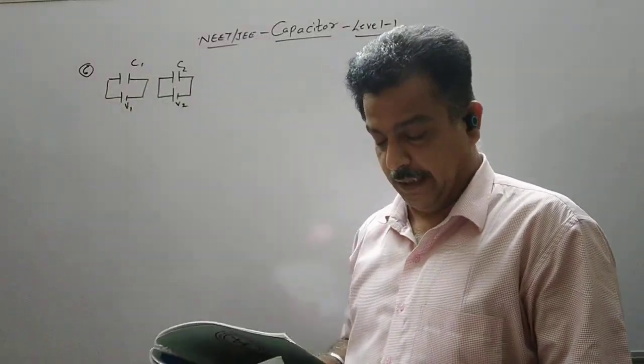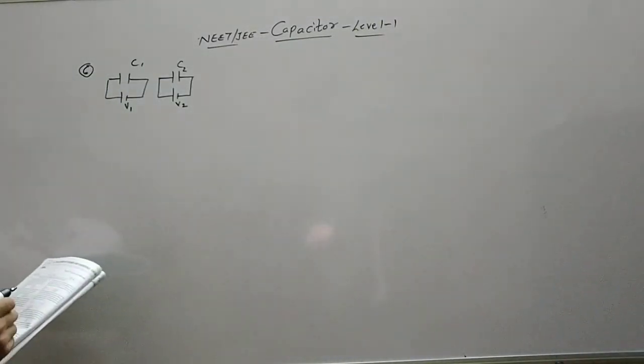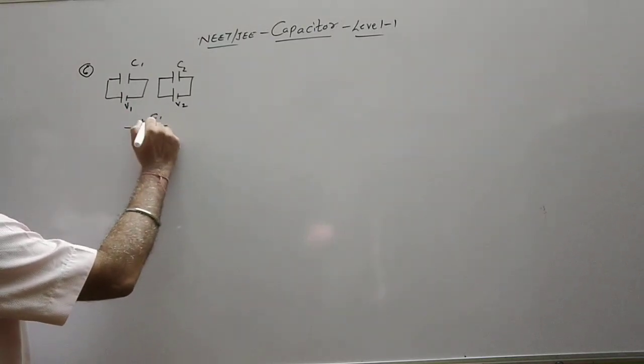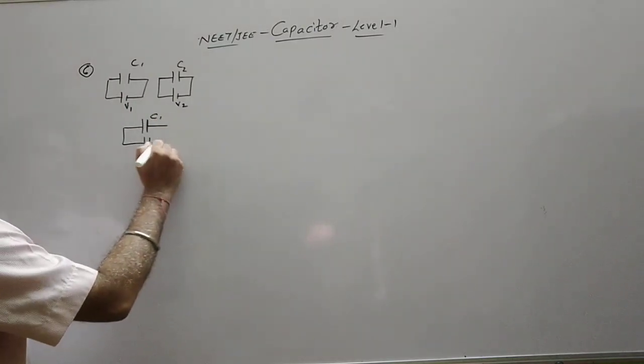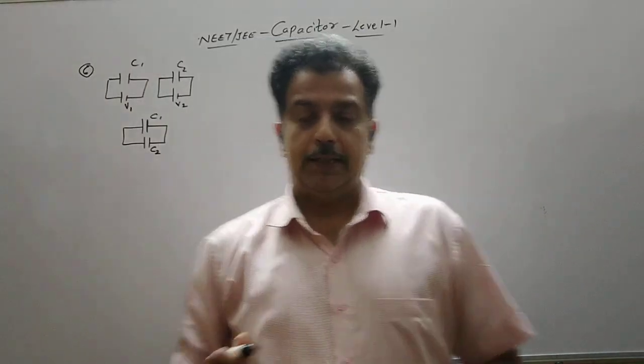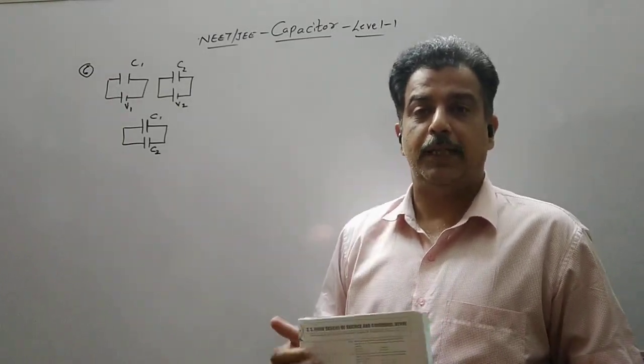Now both the batteries are disconnected and they are connected by a wire. So these two capacitors are now connected by a wire. Now we know that the charge can neither be created nor destroyed. Total charge of the system should remain the same.